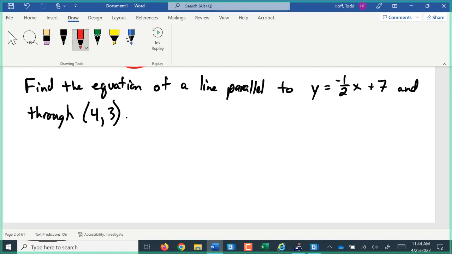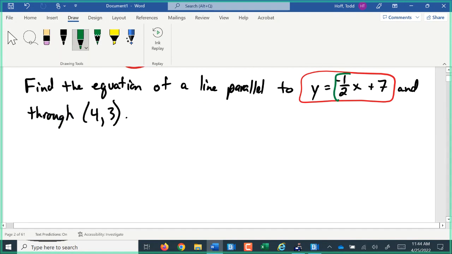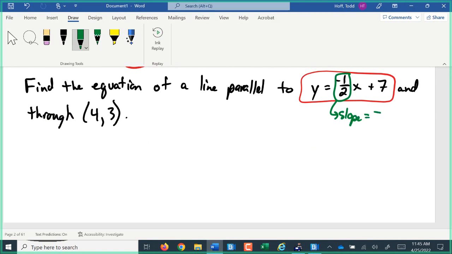So here we have this equation given. The only piece of information we want from that equation is that right there, the slope. The slope equals negative 1/2. That's all we care about.